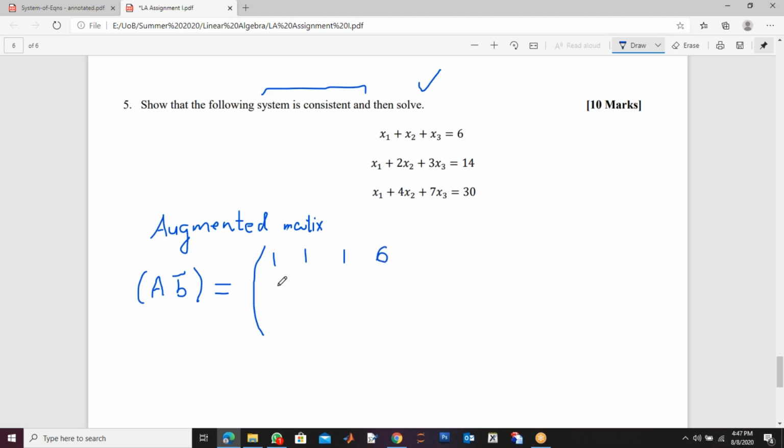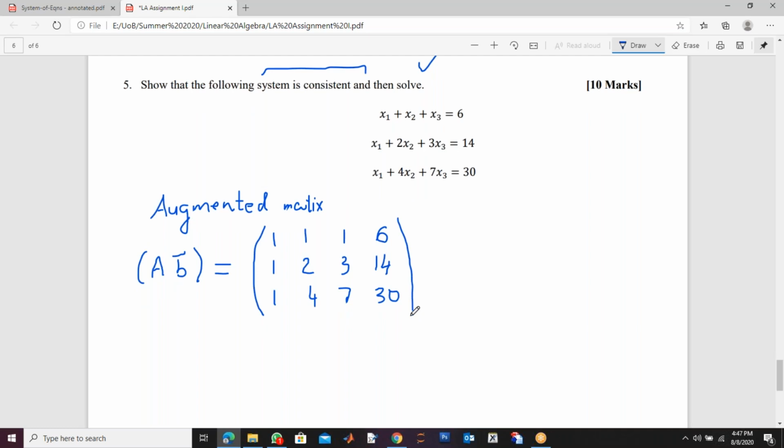If I don't write the last column, that will be the coefficient matrix. If I just write 1, 4, 7, it is the coefficient matrix. But to solve the system, I don't just need the coefficient matrix, I need the augmented matrix. So I will write a fourth column as the right hand side. Okay, this is my augmented matrix.